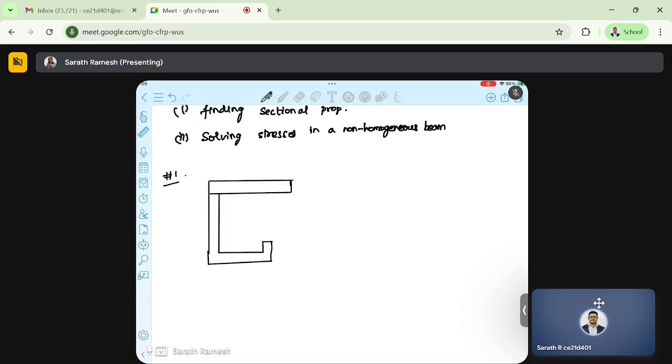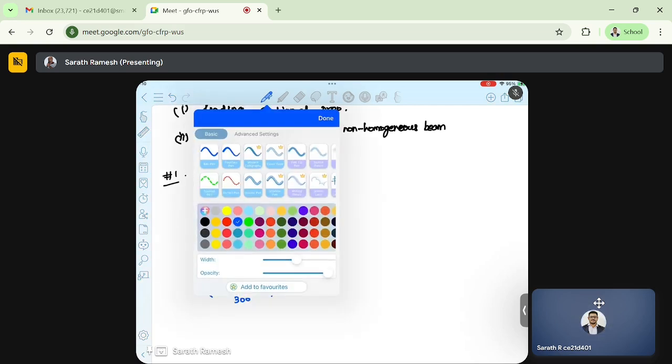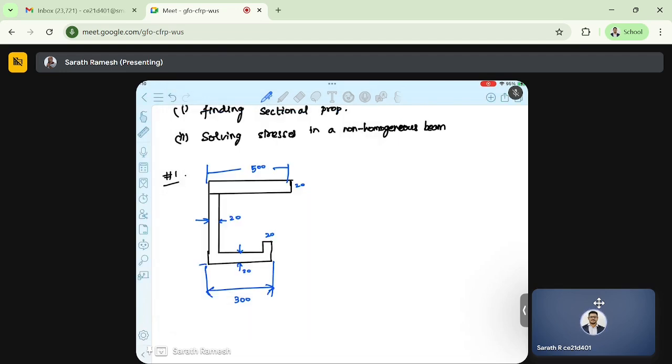Okay, so let me quickly write the dimensions. So this is 500, this is 20, this is again 20, and the thickness everywhere is 20. The bottom dimension is say 300, and the total depth is say 700.